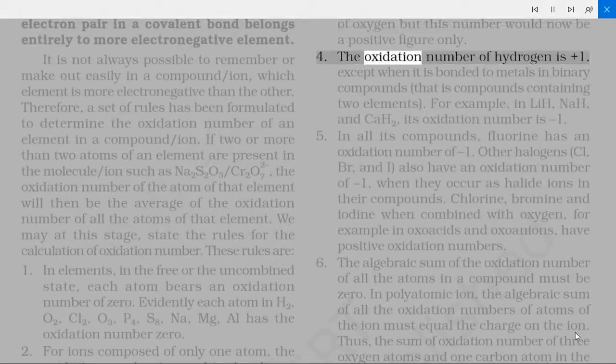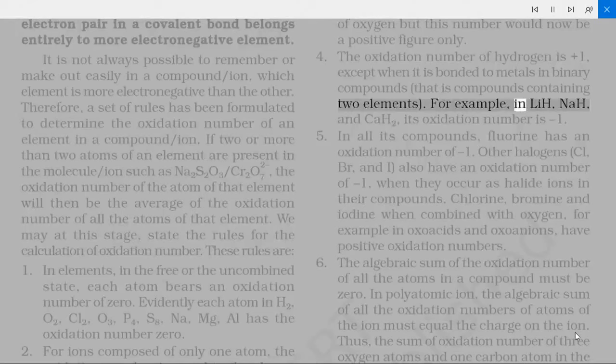The oxidation number of hydrogen is +1, except when it is bonded to metals in binary compounds, that is, compounds containing two elements. For example, in LiH, NaH, and CaH2, its oxidation number is -1. 5. In all its compounds, fluorine has an oxidation number of -1.